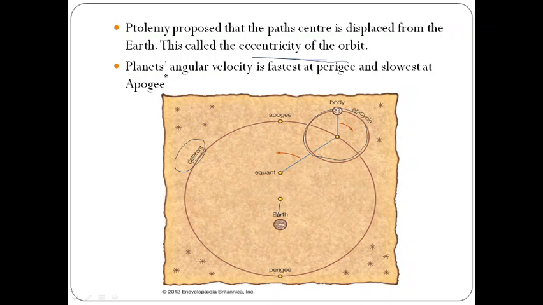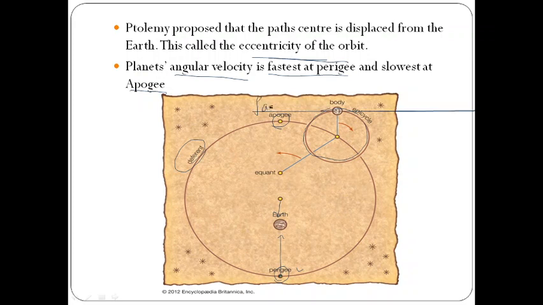And he also argued that the planet's angular velocity is fastest at the perigee and slowest at the apogee. Since Earth is not at the center, we can define two extreme points. One is called perigee. Perigee is the closest point to the Earth in the path of the planet. And another point is apogee.